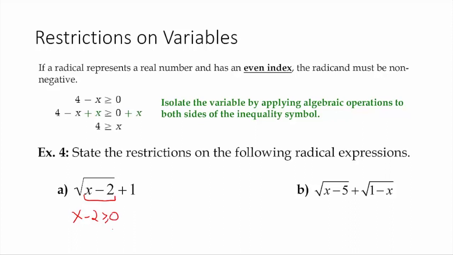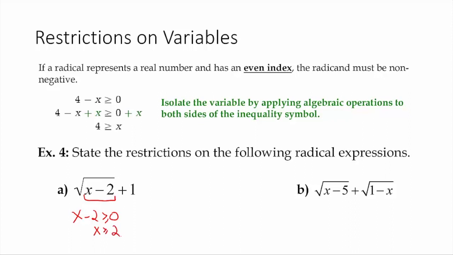For those that can't remember, with inequality symbols you basically treat it like an equal sign, except if you are dividing both sides by a negative number, you have to flip the inequality sign because you've now changed what part of the number line you're talking about. In this case, I'm just going to add 2 to both sides. I get x has to be greater than or equal to 2.